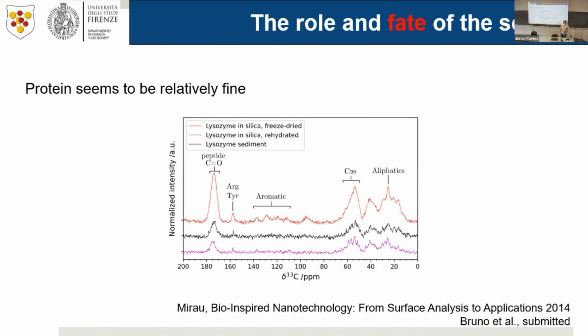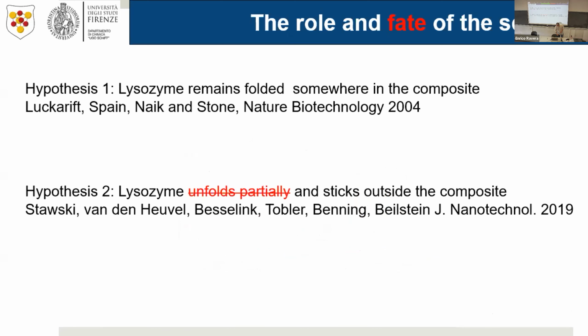Well, we had a look at how the protein is, and in line with what we saw with Bob, but with DNP, the signals of the protein appear to be quite well spread. There is a little bit of increase in the signals of arginines, and this is most likely related to the fact that there are some charge interactions going on to decrease the mobility of arginine side chains.